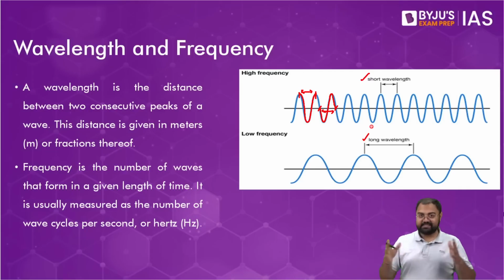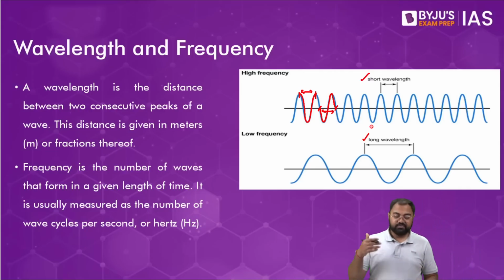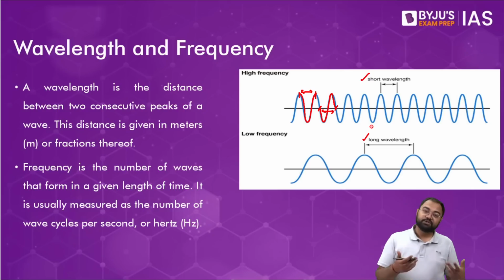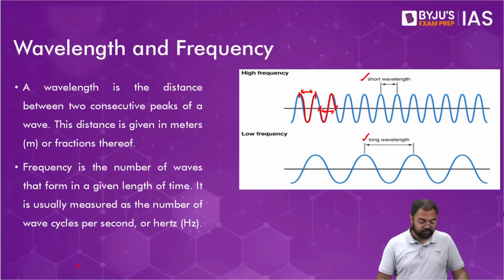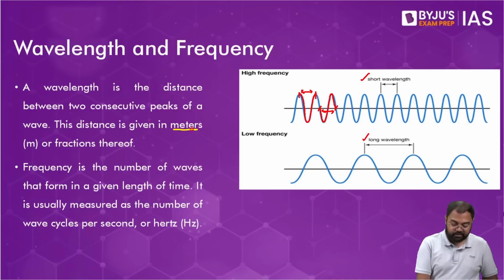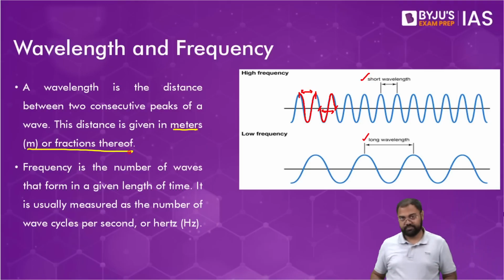If the distance is longer between two similar points, it will be a long wave. If the distance is shorter, then it will be a short wave. So the wavelength will be measured in meters or fractions of meters, either meter or fraction of a meter. This is how we'll do it.